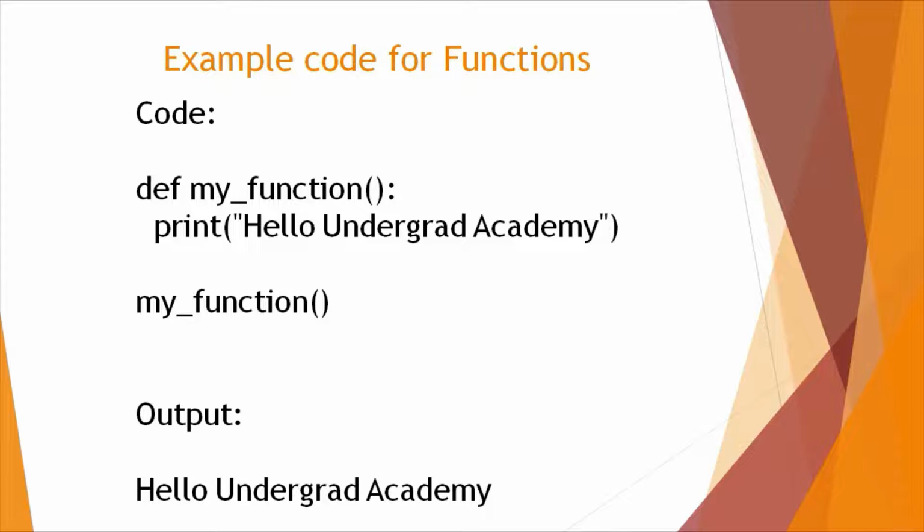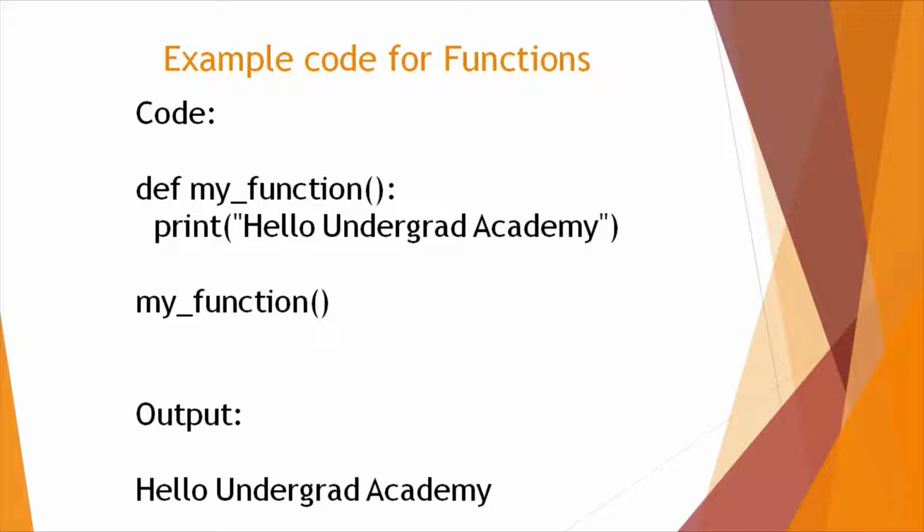So here's an example code for functions. I have declared a function, def my_function, parentheses and colon, then I'm printing hello Undergrad Academy, and then without any kind of indentation I am calling my function and I'm getting the output hello Undergrad Academy.